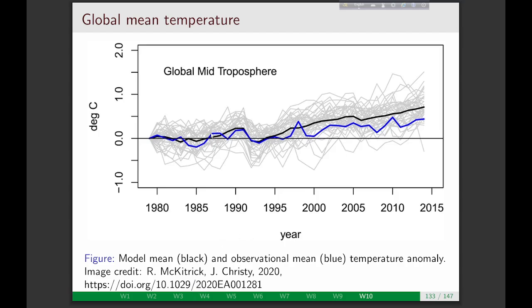We used a model to determine the temperature that is shown in black. You can see the gray colors there. Different models show different outputs, and the black one is the average of the different outputs. So it is the mean of the different outcomes of the model.